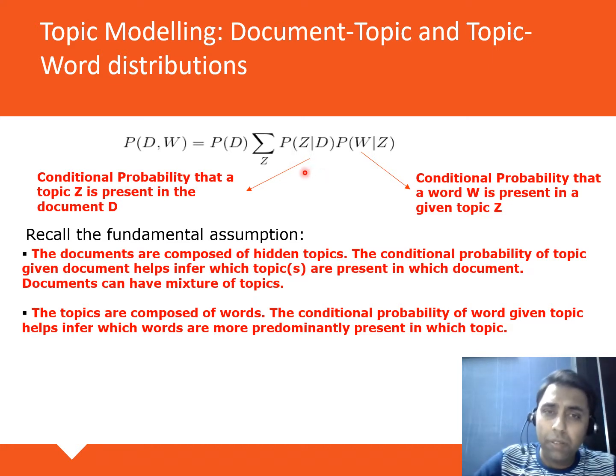So it is the conditional probability that a particular topic is present in a given document.